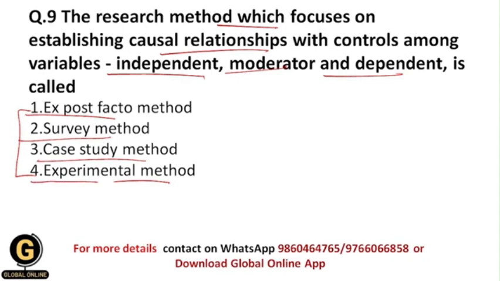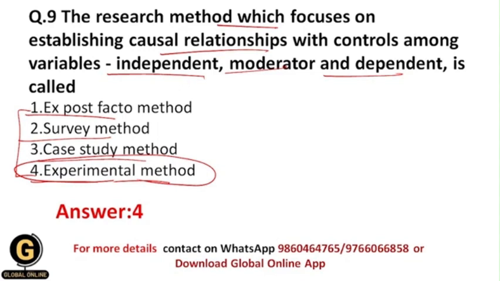Now until now all of you have understood that whenever I want to focus upon establishing causal relationships, and as well along with that if I want to control over the variables, okay, then obviously I will follow the experimental method, because this is the only method in which I will be having the control over the variables completely.